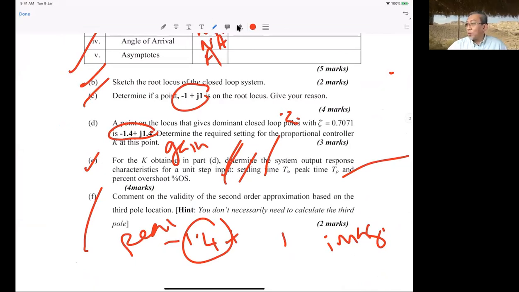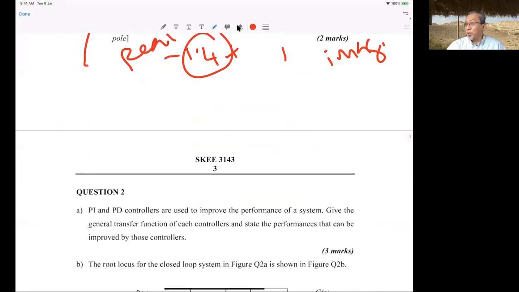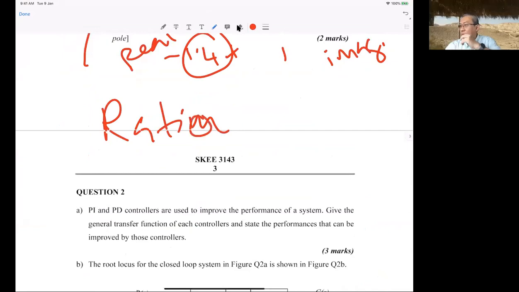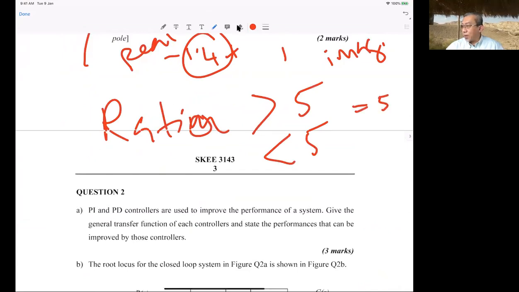The ratio, kan. Ratio is greater than 5 or less than 5. So the one that you get is greater than or equal to 5. Equal to 5 is considered as greater than 5.